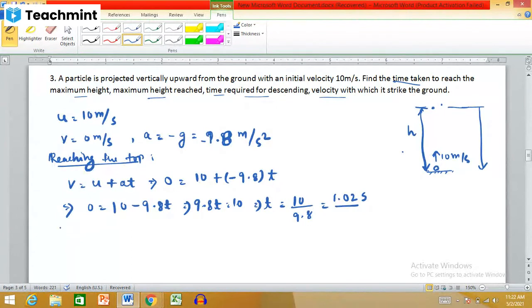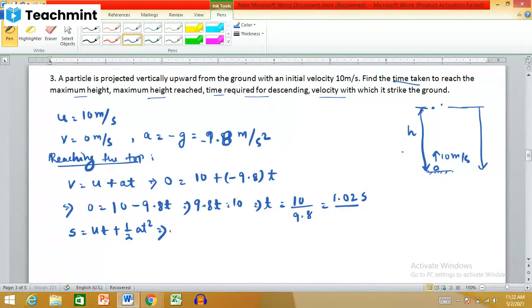So the next part, we got the time. After that, the maximum height reached. What formula do we need to put? We will put s is equal to ut plus half at square.